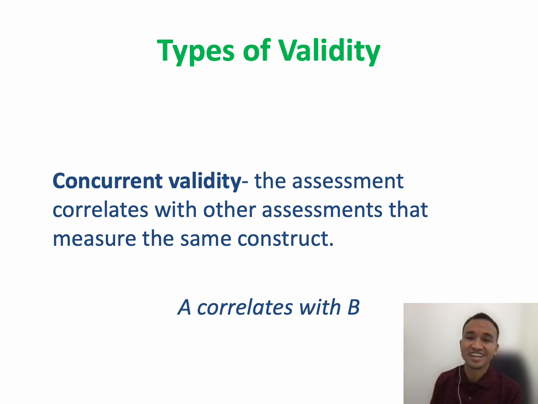You most likely already intuitively understand and have drawn upon this understanding, and we are calling it concurrent validity. So it must be A correlates with B. So this is concurrent validity.